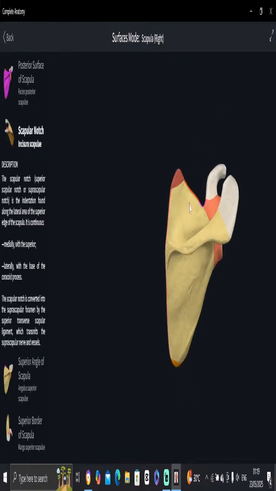So there's a ligament, the transverse scapular ligament, or the superior transverse scapular ligament, which crosses just above this notch and converts the notch into a foramina, the suprascapular foramina. So the suprascapular nerve and vessels passes through.